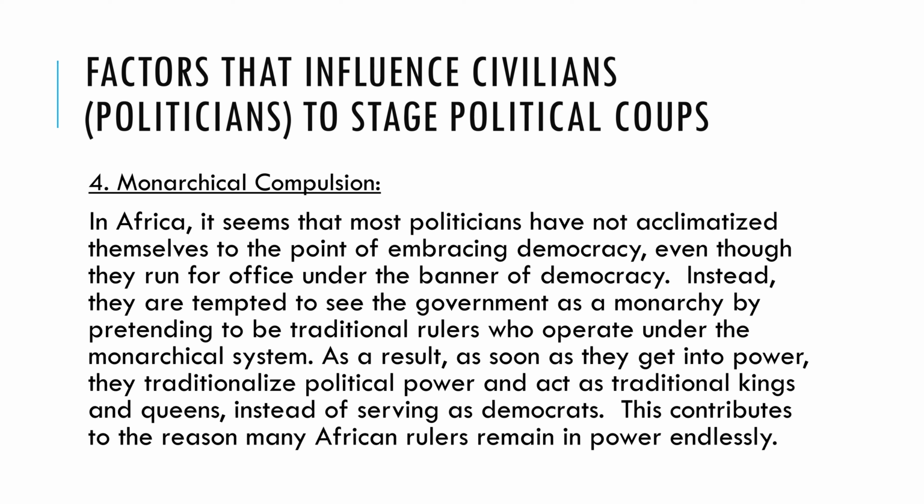As a result, as soon as they get into power, they traditionalize political power and act as traditional kings and queens instead of serving as democrats. This contributes to the reason many African rulers remain in power endlessly.